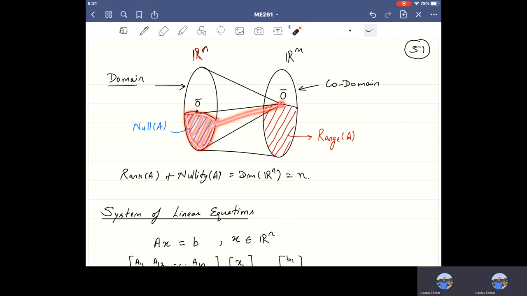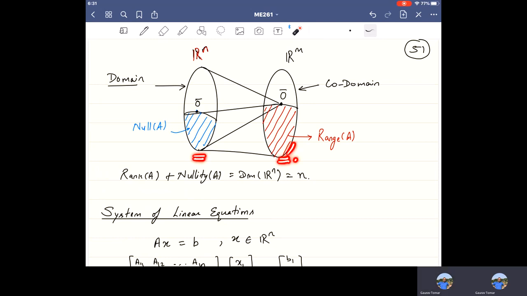The remaining set of vectors will map to non-zero vectors in the range of A. We call this the domain and this the codomain.